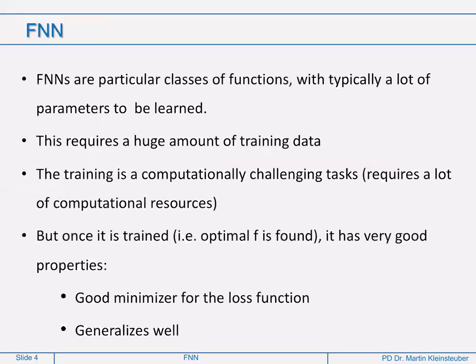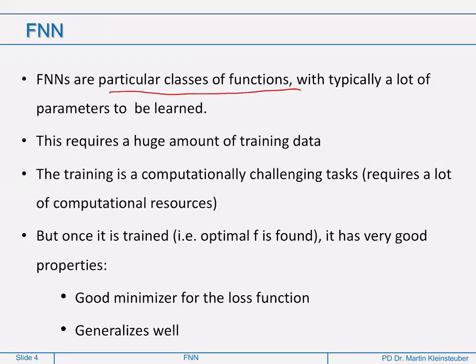And what feed-forward neural networks are, and as what they can be seen, is a particular class of function. Typically they have a huge amount of parameters to be learned.